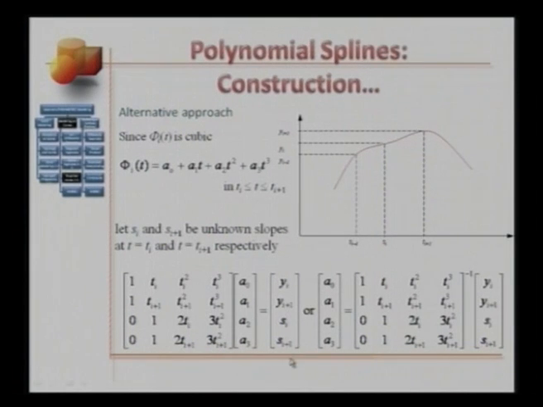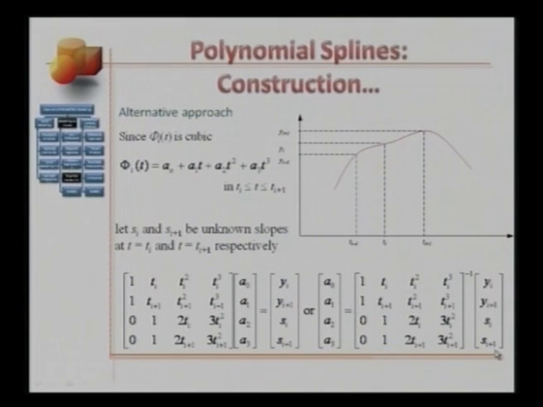We know this column, we know this coefficient matrix, or this 4 by 4 matrix. We can compute what a0, a1, a2, and a3 are, which would be the inverse of this 4 by 4 matrix, times y i, y i plus 1, s i, and s i plus 1.